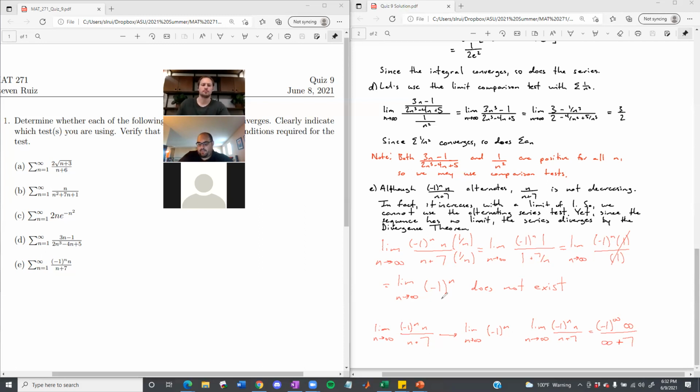So let's go back to the definition of convergence. The definition of convergence is, as n gets very large, your terms get closer and closer to one real number. Only one, not two different ones that it goes back and forth between.